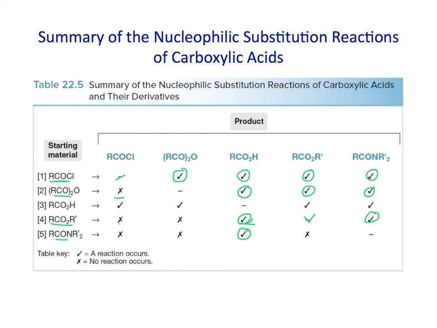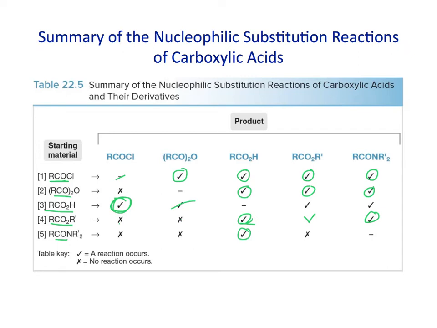Okay, the one place that's a little bit unusual is the carboxylic acid, because from the carboxylic acid, we can make the acid chloride. It says you can make the anhydride, but that's not such a practical reaction either. They show making a cyclic anhydride, but that's not really so useful, so let's just forget about that one.